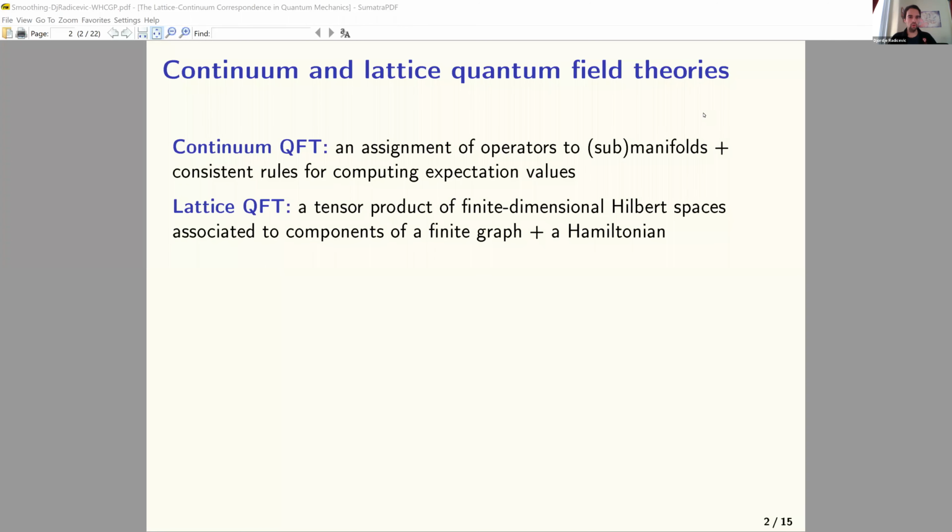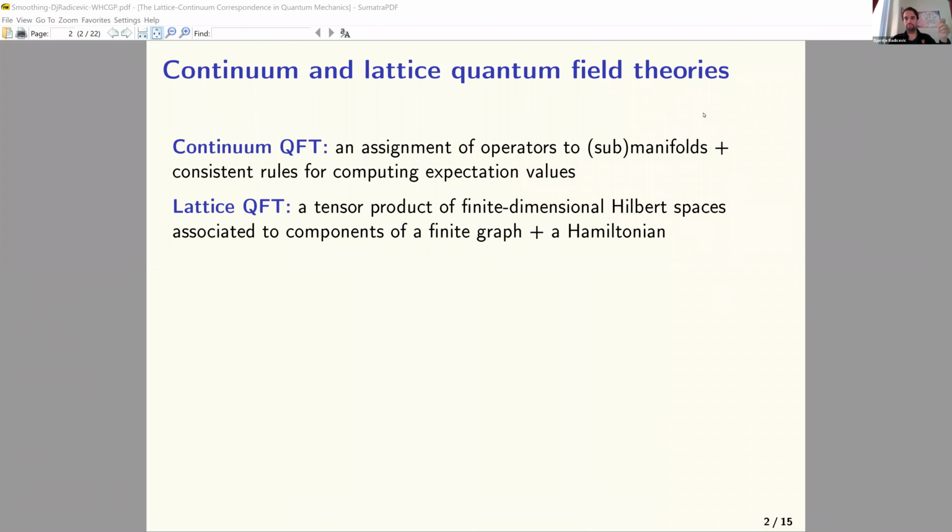On the other hand, lattice QFTs are something very different, and I will have a very specific meaning of the phrases I've shown here. So to define them, take a graph, a finite, possibly very large, but finite graph. So you can call it a lattice, if you will. And to certain parts of this graph, associate finite dimensional Hilbert spaces.